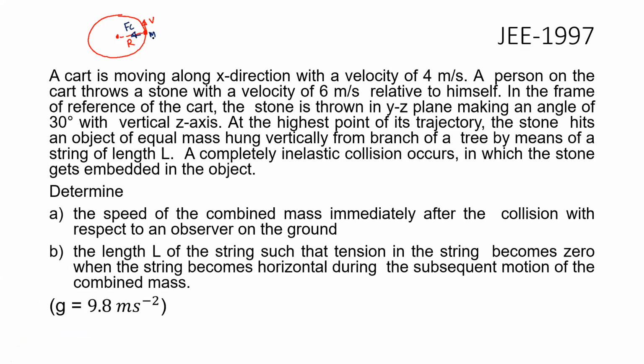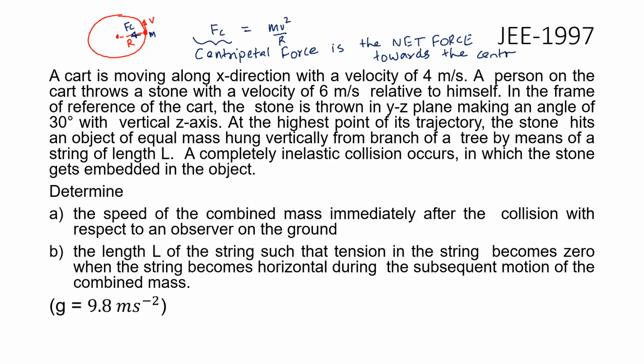If m is the mass of the particle, now that centripetal force can be written as mv square over r. And this centripetal force is actually a name given to the net force towards the center. So centripetal force is the net force towards the center of the circle.